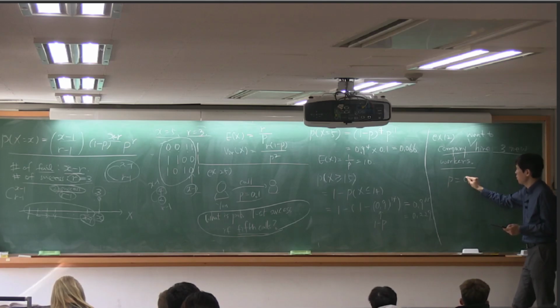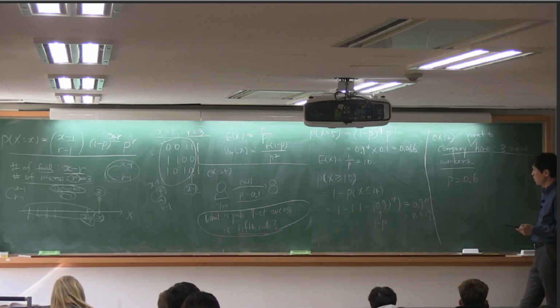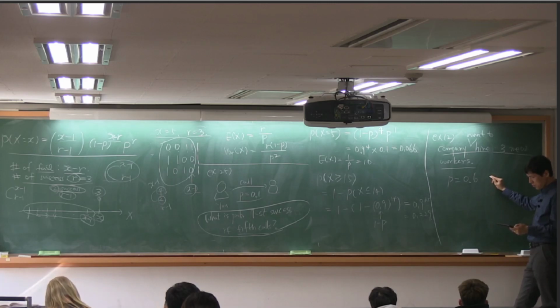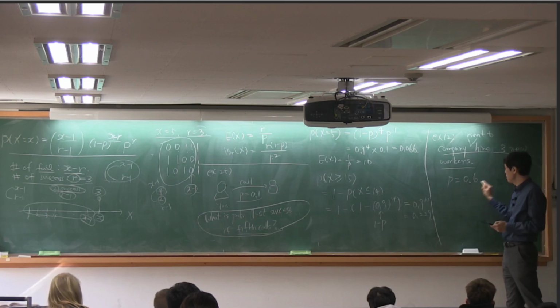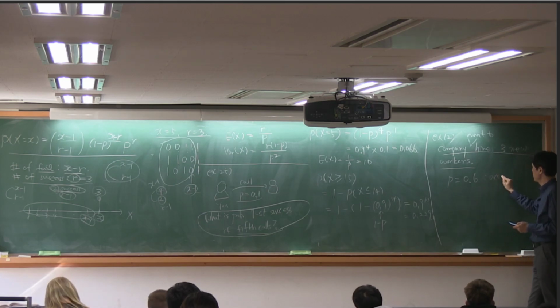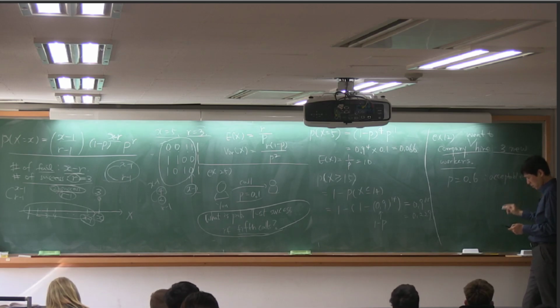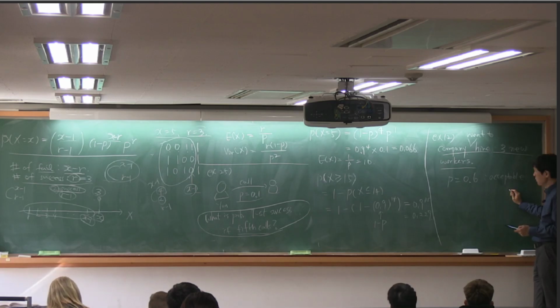The probability is 0.6 that when the company interviews a person, the person is acceptable.